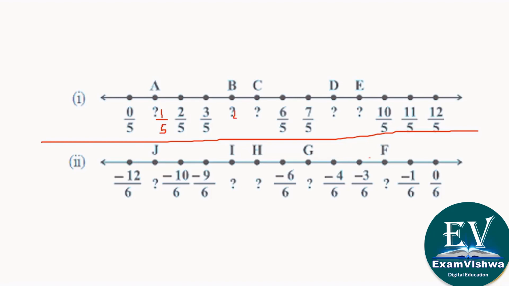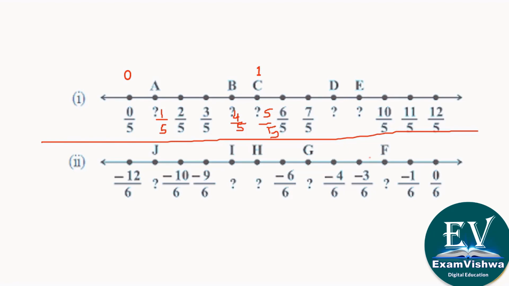Here it will be 4 upon 5. So next what will it be? Here it will be 5 upon 5. That means it becomes 1. So here it will be 0 upon 5. 0 upon 5 means 0. And 5 upon 5. 5 upon 5 means 1.